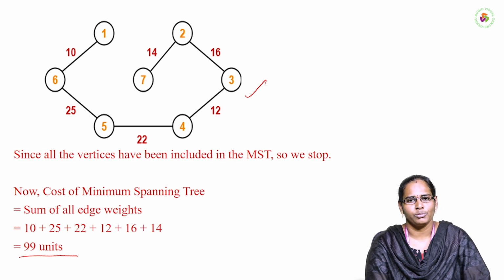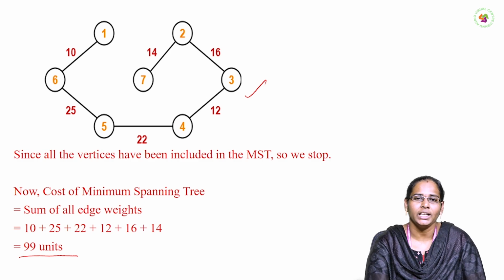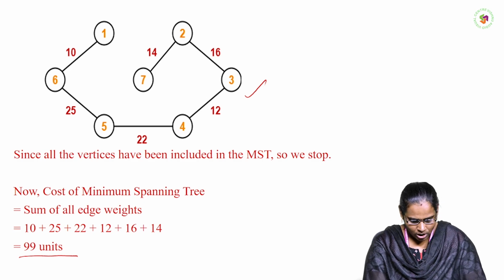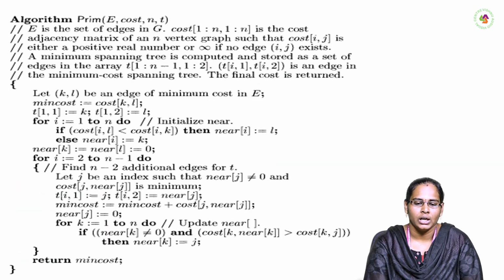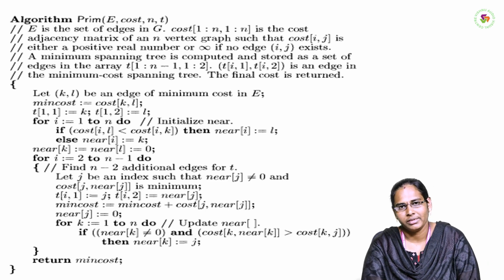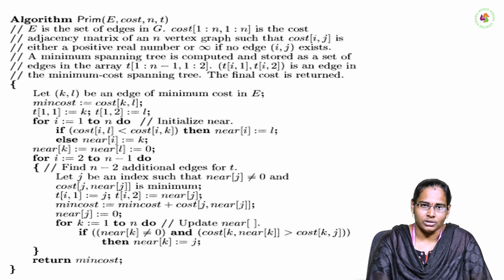Kruskal's algorithm and Prim's algorithm, these two are used for finding a minimum spanning tree among all possibilities of spanning trees. Now, the algorithm of Prim's. In Prim's algorithm, again we have the algorithm header and the parameters we are using, and after that the comment lines of parameters.